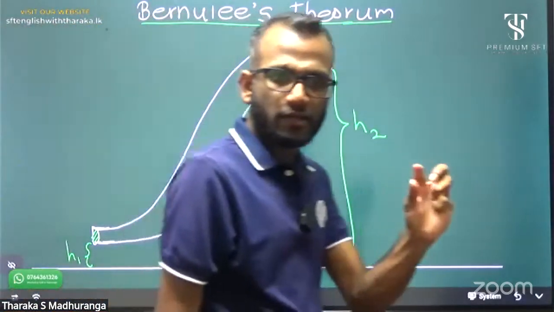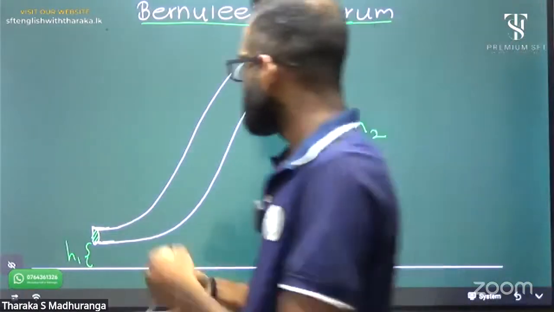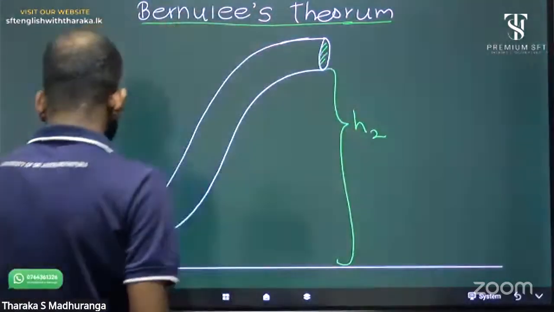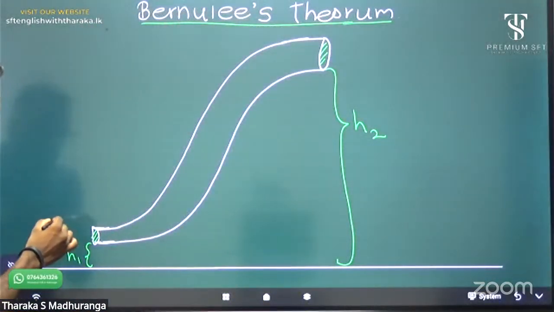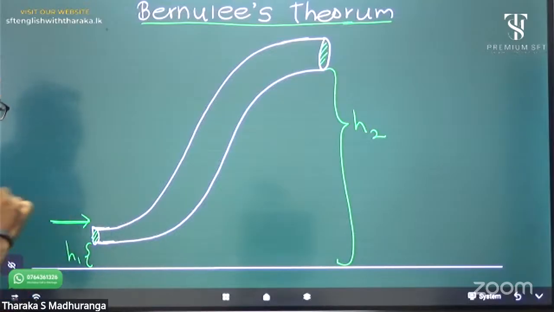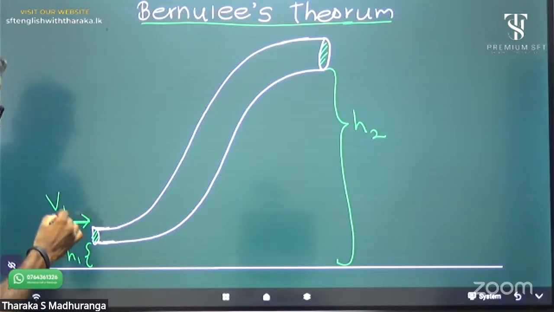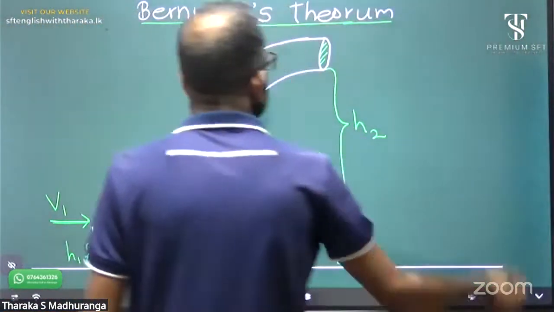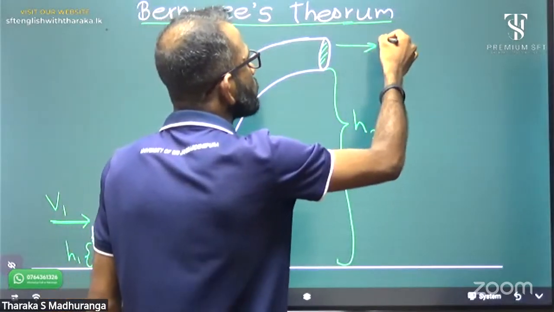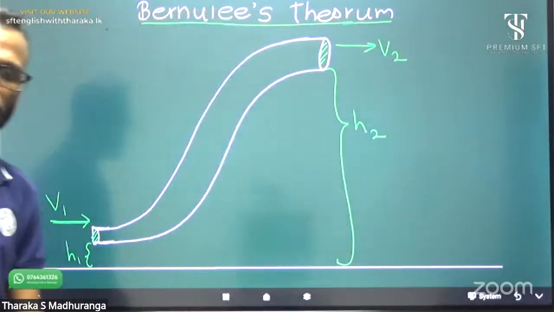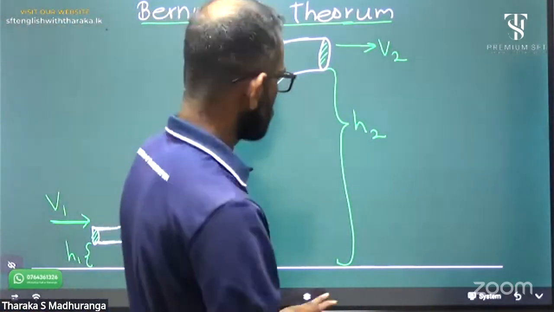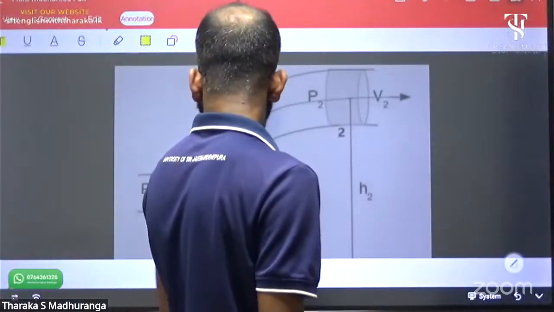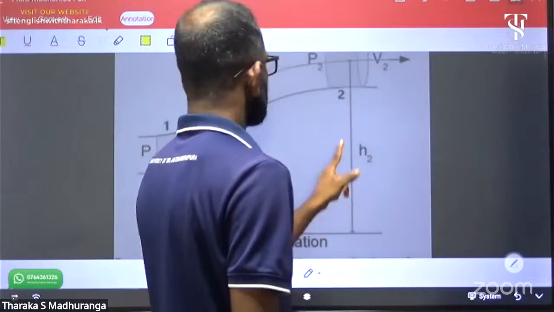There is a height for both of them. And a fluid flows in, entering this tube with V1 velocity, and it is leaving this tube with V2 velocity.